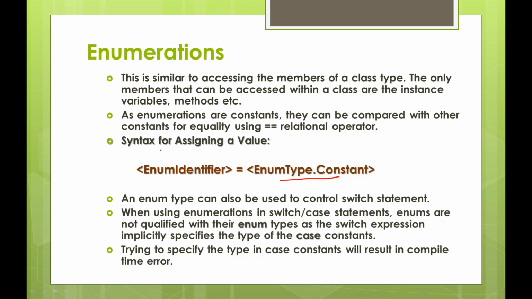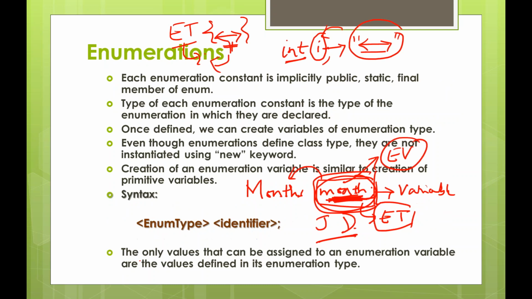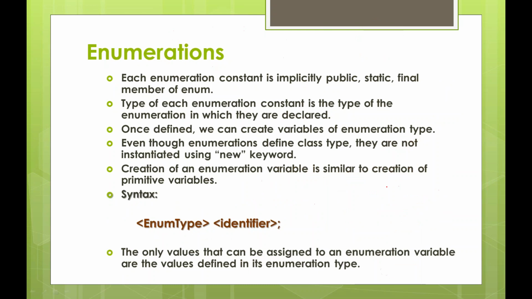Here we have defined them as public. My doubt is, let us say December is not defined, just for our assumption, what happens if we write enum dot December? That will give you a compile time error. You will get the compile time error itself.